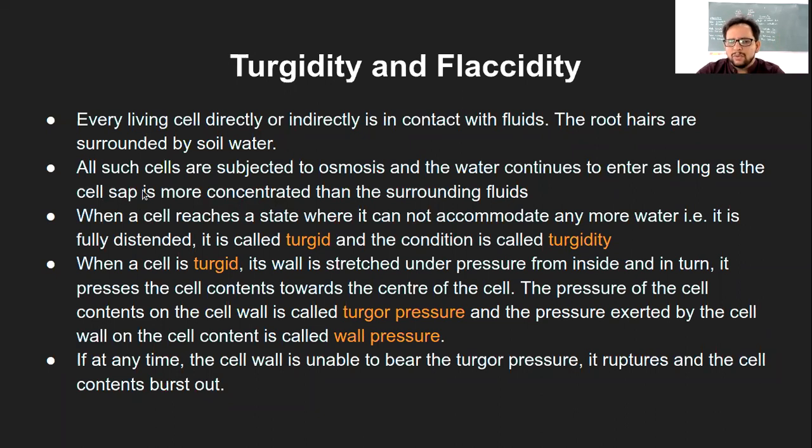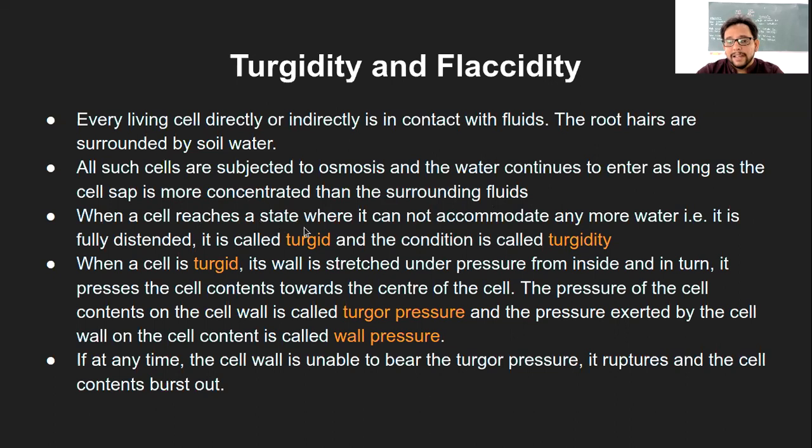So the osmosis will keep on happening from outside of the root into the inside of the root, that is from the soil to the root cells, which have more concentrated cell sap than the surrounding fluid, that is the soil.